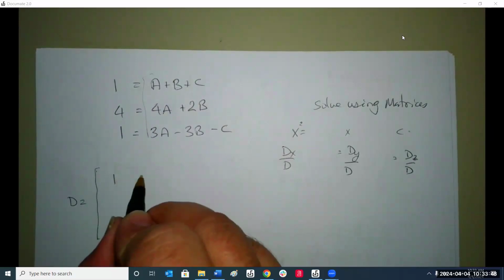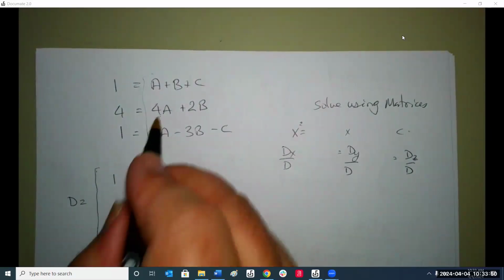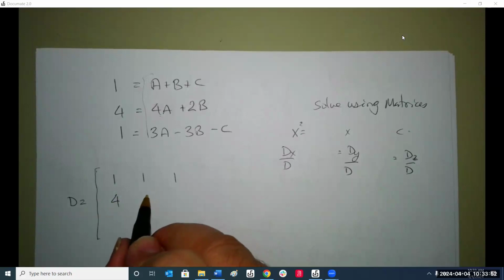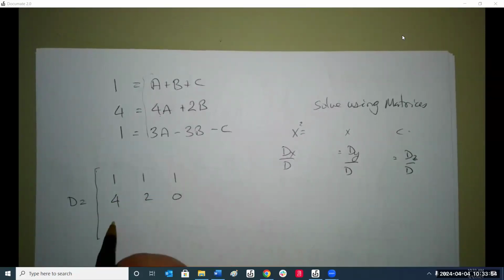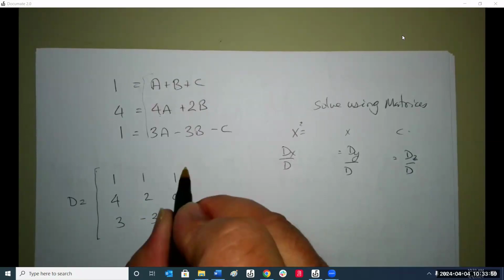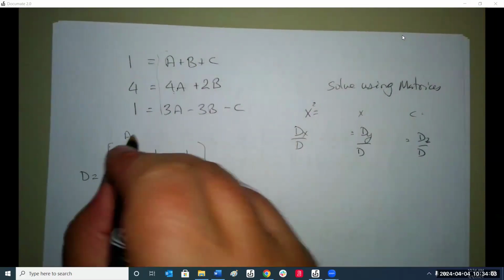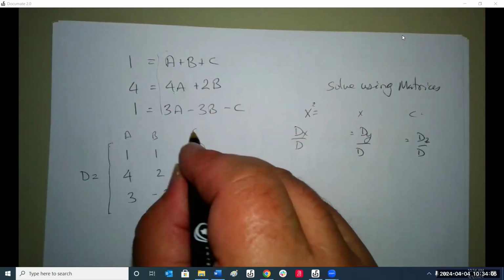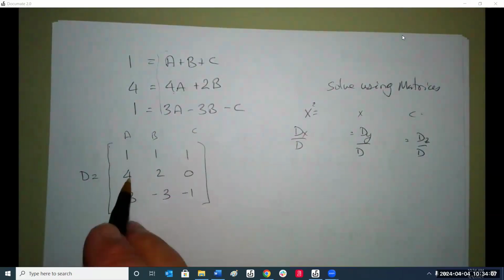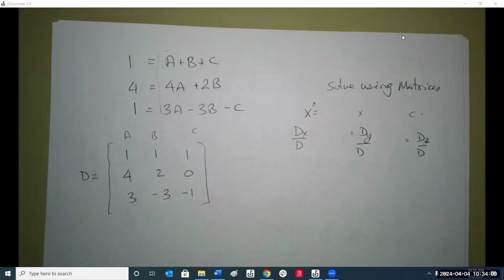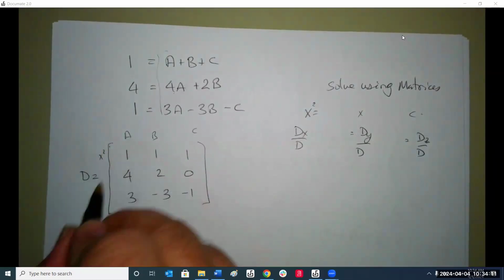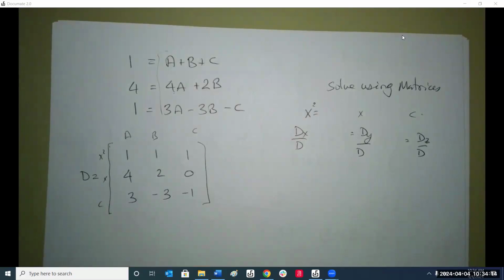So it's 1, 1, 1, 4, 2, 0, 3, -3, -1. Because this is the A column, this is the B column, this is the C column, this is equation 1, 2, 3. This is x squared, this is x, and this is constants.